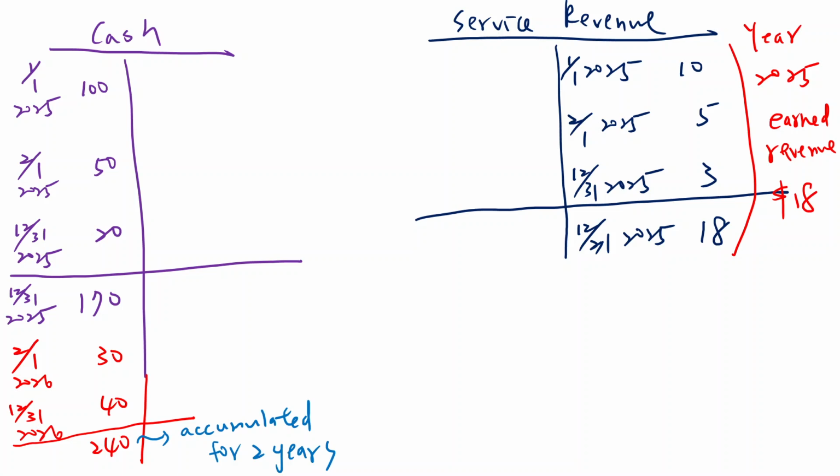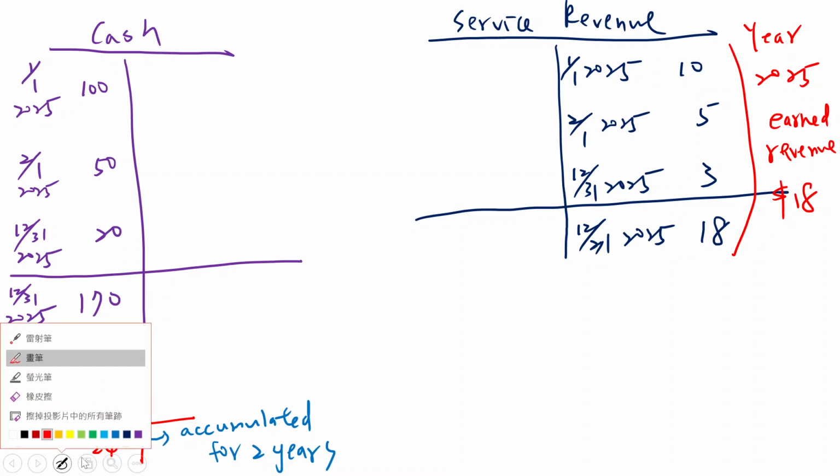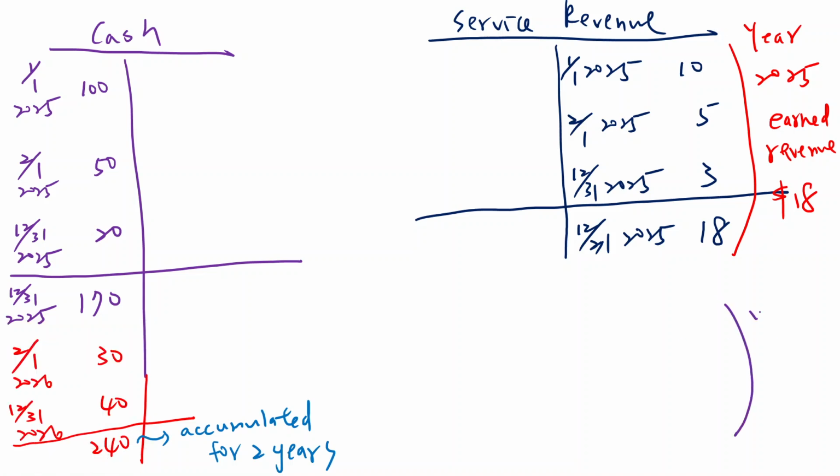Don't forget, when we want to know the revenues for next year, it's only for 1 year numbers. So I want to know the numbers for year 2026. Should I add up the number together with the year 2025?